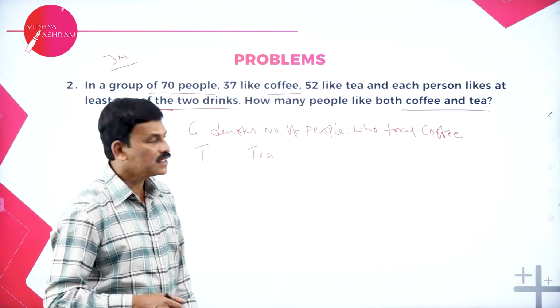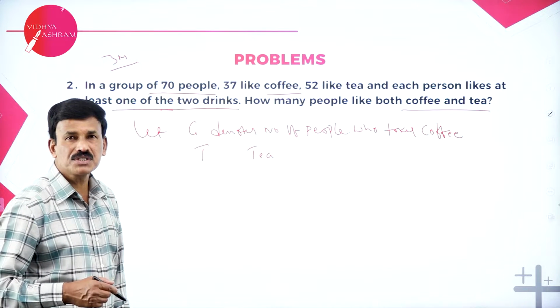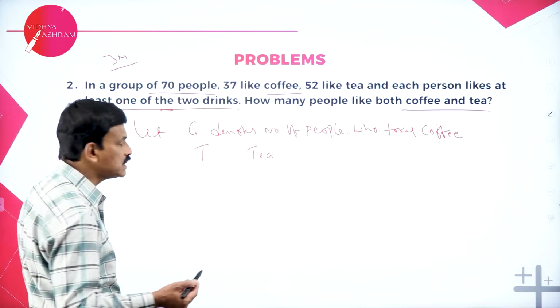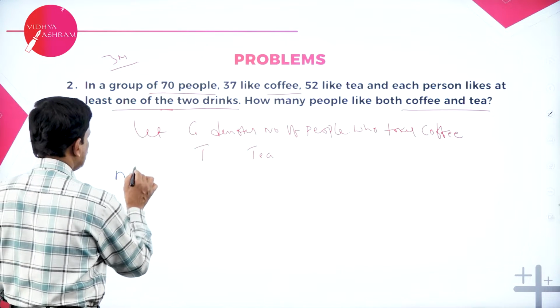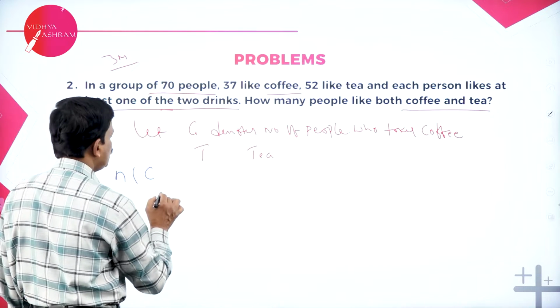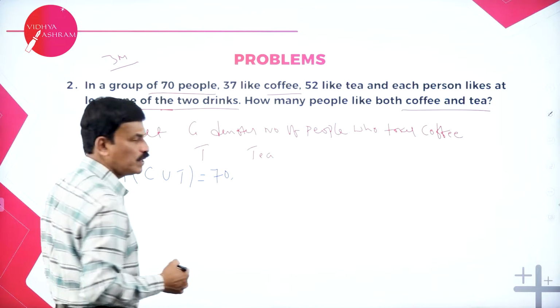Let us represent C as the number of people who take coffee and T as the number of people who take tea. So how many people are there? 70. So therefore what is given? N of C union T is equal to 70. So there are 70 people.